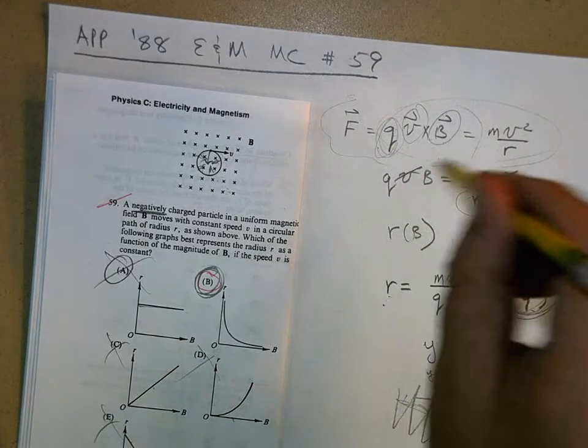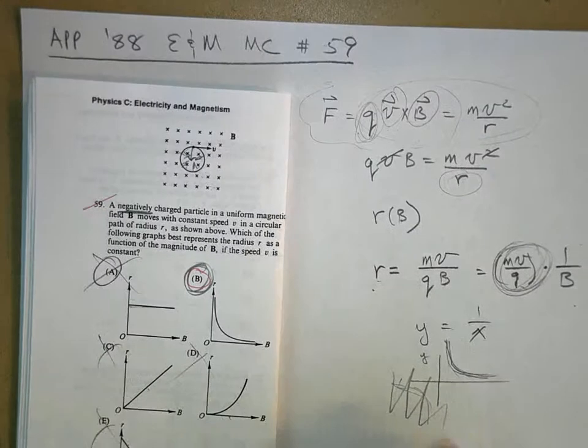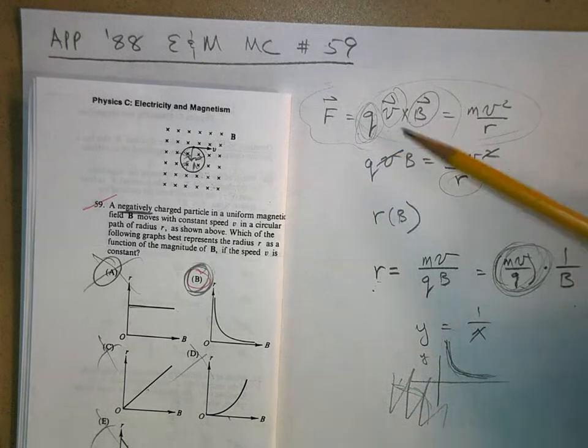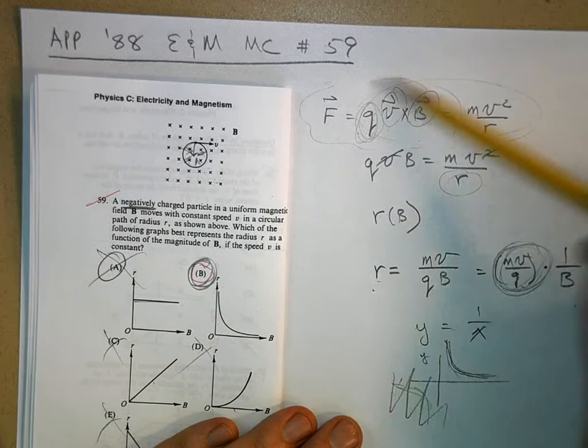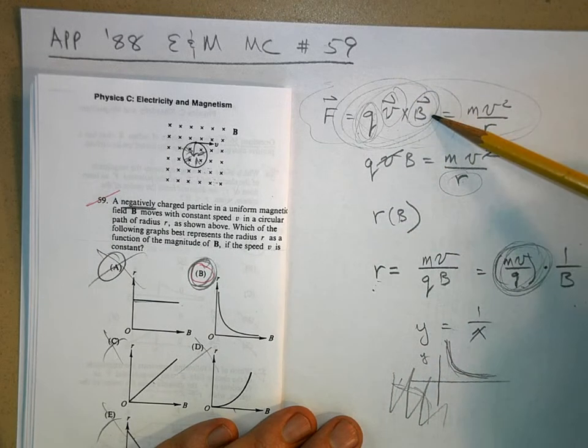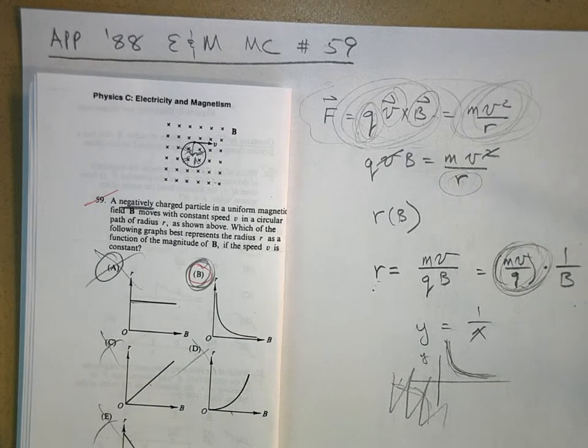But that force, if it's a freely moving charged particle in a uniform magnetic field, that force is constant, and it's always perpendicular to your velocity vector, which means it's a centripetal force. So you can set the force equation equal to the centripetal force equation and solve for whatever you want.